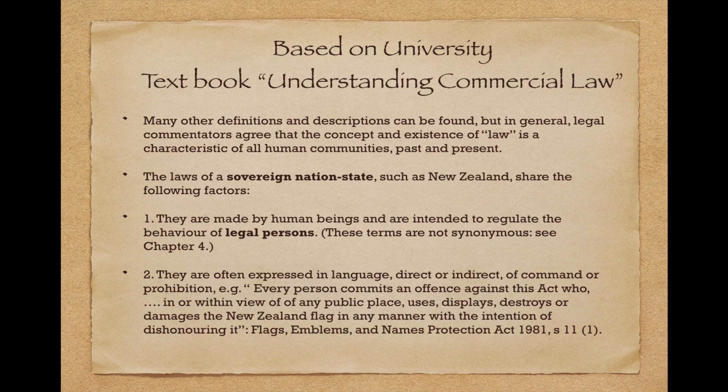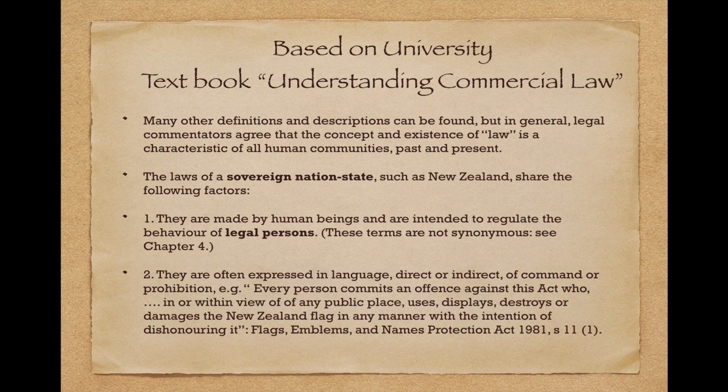They are often expressed in language, direct or indirect, of command or prohibition. Example: every person commits an offence against this Act who, in or within the view of any public place, uses, displays, destroys, or damages the New Zealand flag in any manner with the intention of dishonouring it.